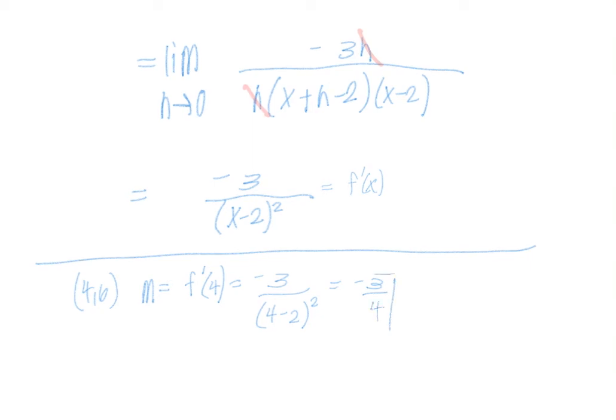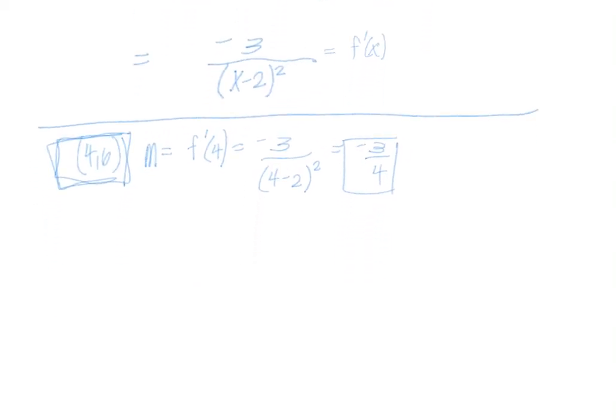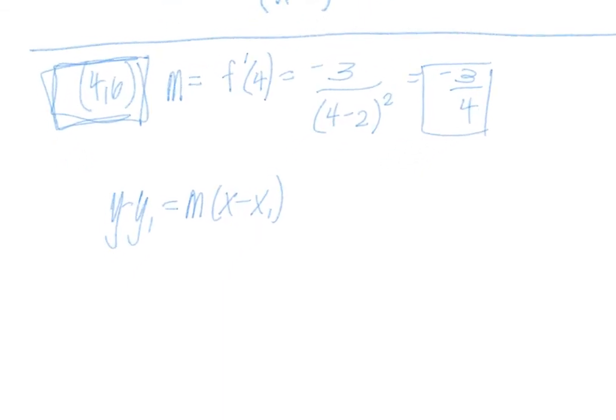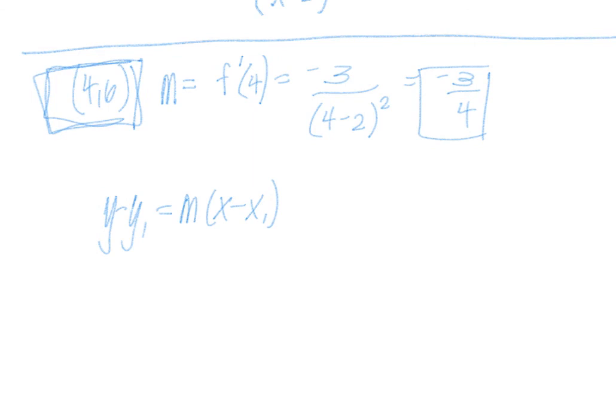Negative 3 over 4. So I have everything that I need for my point slope formula. So this is the last part. y minus y sub 1 equals the slope times x minus x sub 1. I do suggest you write the formula every time that you do this, so that you can memorize it, because again, you will be doing this throughout this entire class.